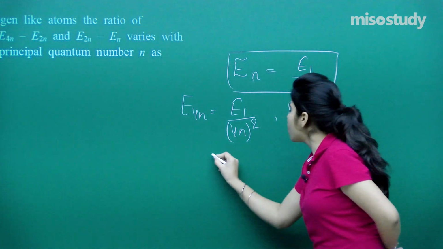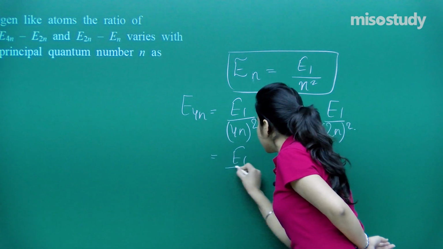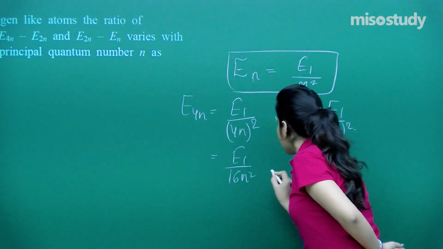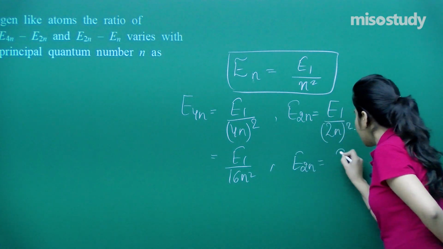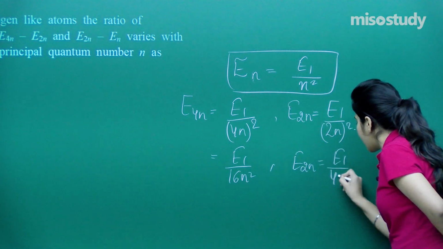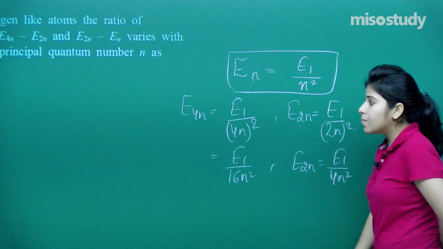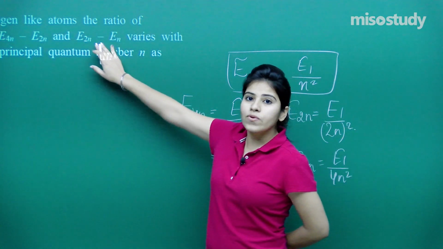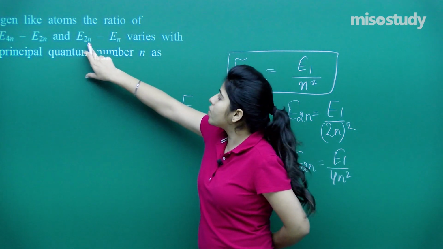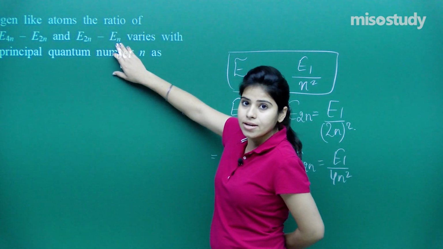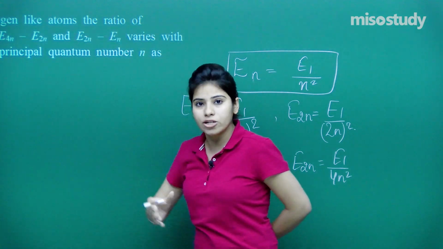So my E4n will be E1 upon 16n square and E2n will be E1 upon 4n square, isn't it? Right? Now what do I have to do? We have to take the difference of them, and also the difference of E2n minus En, and then take the ratio of these.